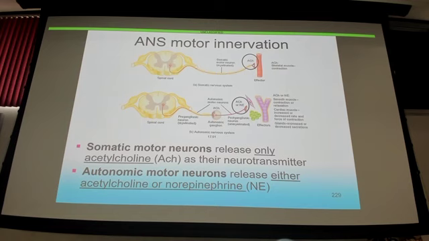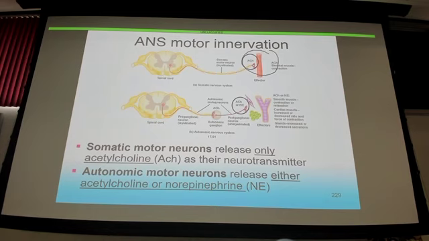All right, so if we looked at the neurotransmitters in somatic system, we said it's only acetylcholine. The difference with the autonomic nervous system is that it can use acetylcholine or norepinephrine. We're going to see the big change that I'll come back to is all somatic motor neurons use acetylcholine as their neurotransmitter. I'm going to say it and you'll get it later.